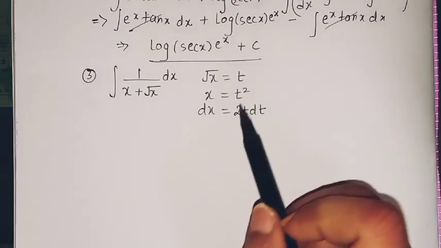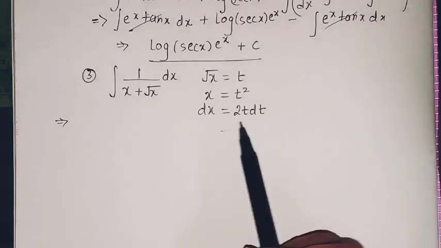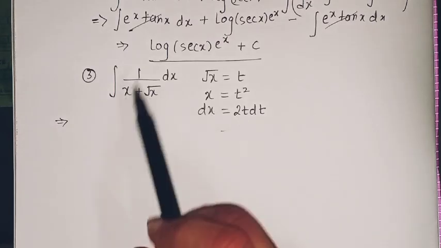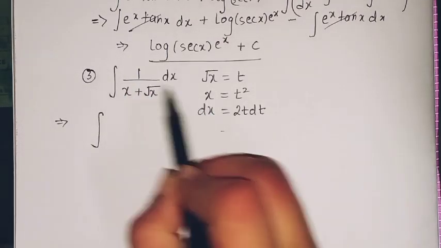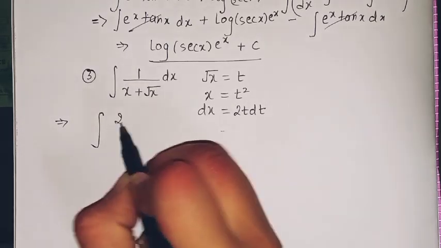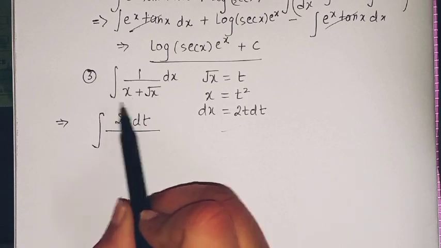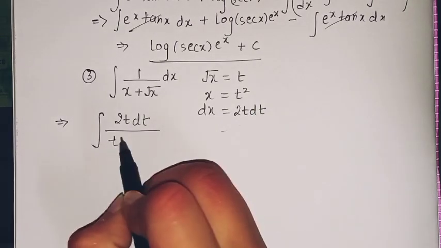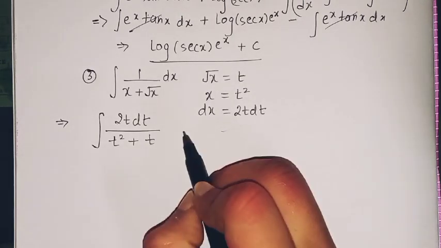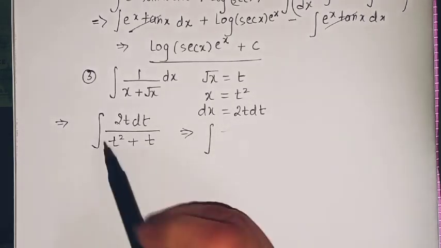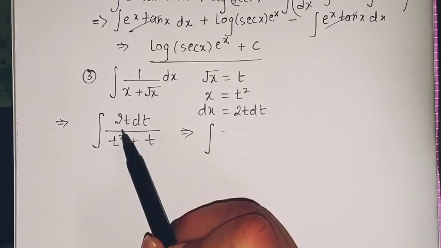Now let us try it out by substituting the values. If I don't get any simplified value, I'll switch to the next method. Let us see. Dx equals to 2t dt divided by, now x is equal to t square plus root x is t. Moving on, you'll take t common in the denominator and t from the numerator gets cancelled with that.